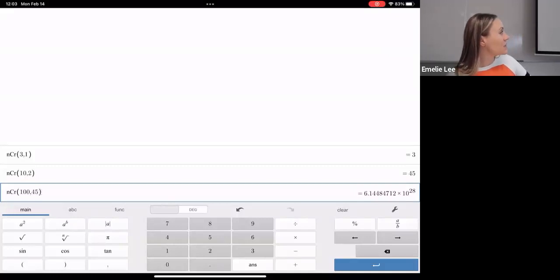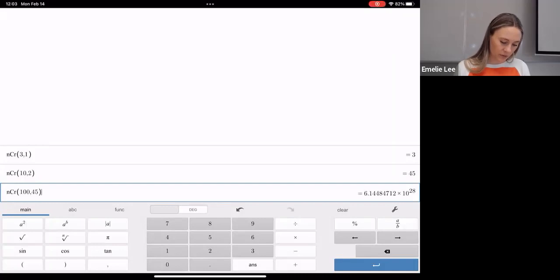In this case, it shows me very clearly that it's scientific notation, but on this calculator, I think it just has a little space and then 28. So once you have a calculator handy, try the choose function for 100 choose 45, just to see, being able to recognize scientific notation if it's not clear.